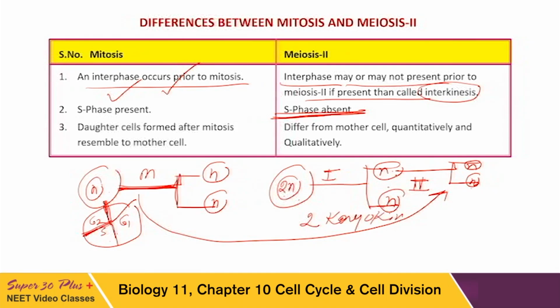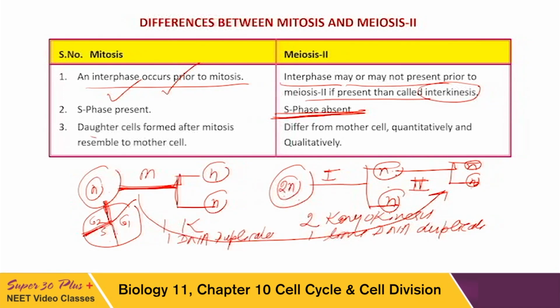It is having two karyokineses and only one time DNA duplication. One time DNA duplication. Here it has only one time karyokinesis and one time DNA duplication. S phase is there, is it?